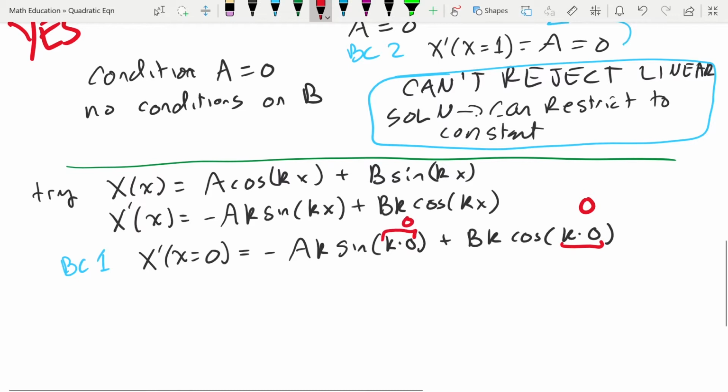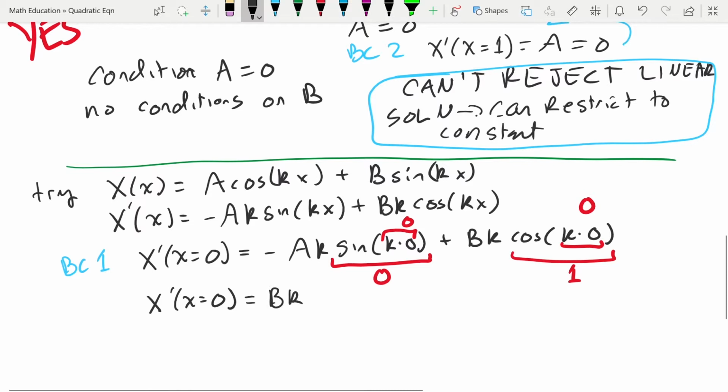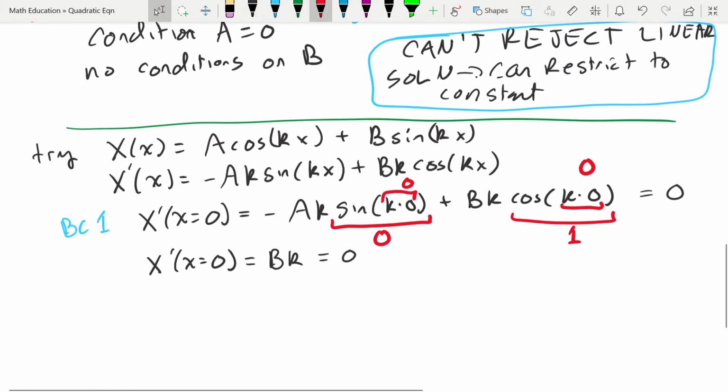The sine evaluates to 0, but the cosine of 0 evaluates to 1. So when we're looking at x is equal to 0, all of a sudden this whole term goes away, and we've just got bk. But we know from the boundary condition that that's equal to 0. So either b or k is equal to 0.